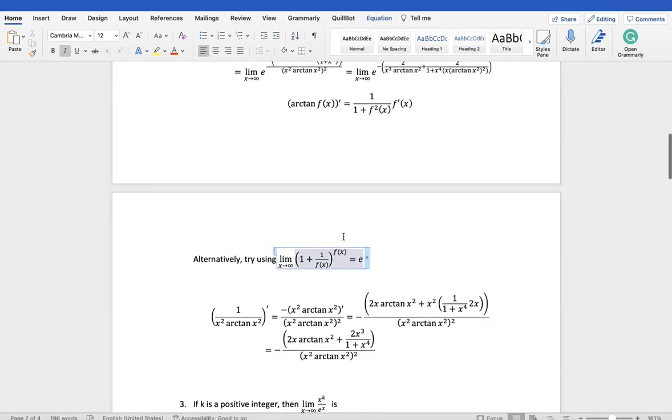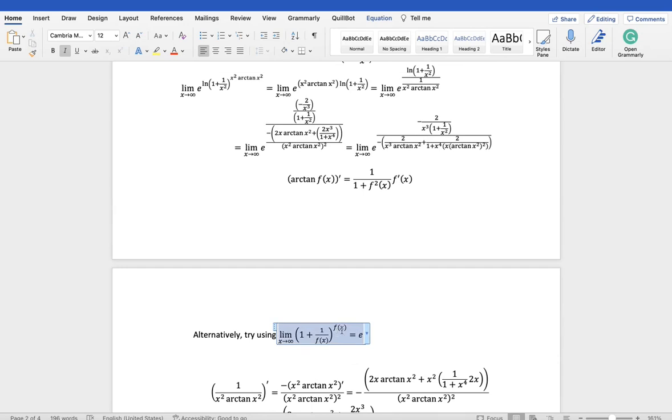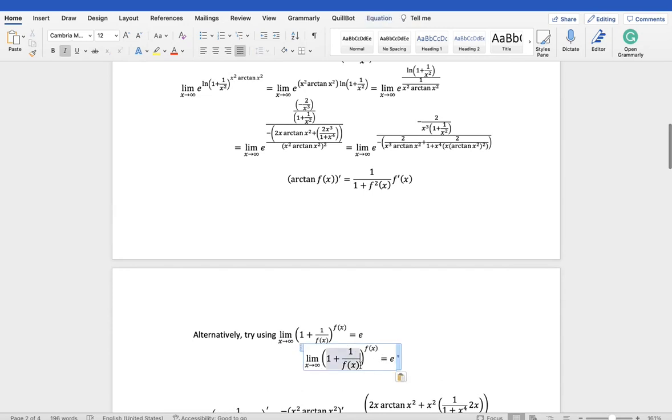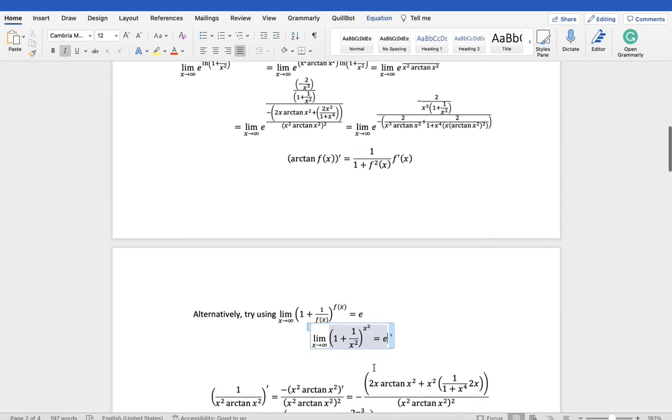So if you apply it to our case, the limit as x tends to infinity of 1 plus 1 over x squared, to the exponent of x squared, that is equal to e as well, okay?